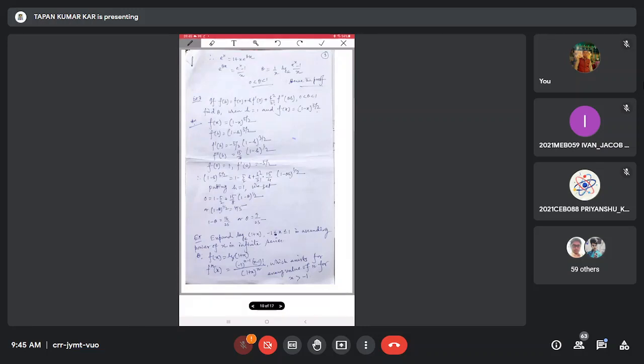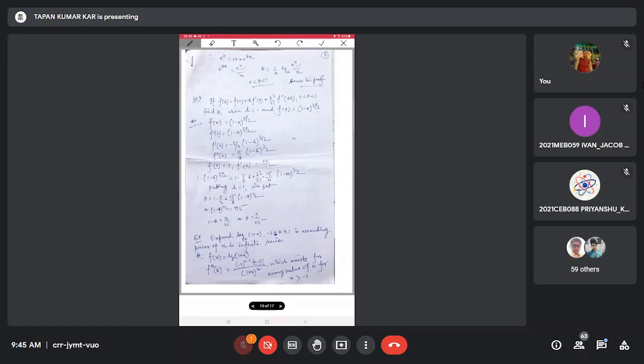Usually we prefer Lagrange's form of remainder because of its simplicity.